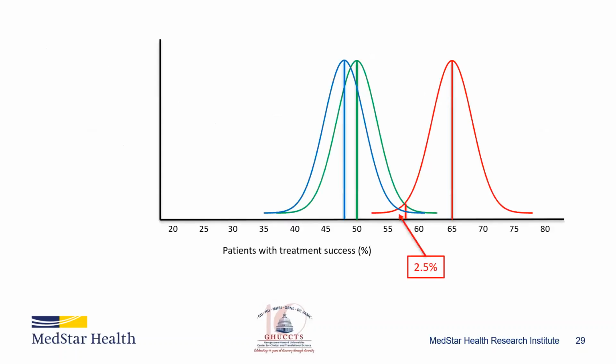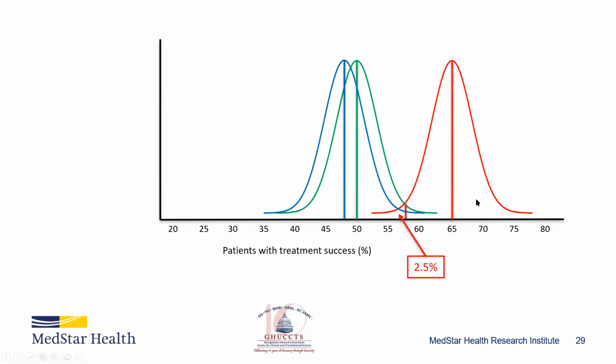Okay, so I did this little illustration here to show you what it would look like if they showed that the probability was 0.975 that one group would be superior by at least 15% to the other two groups. And so here are your three posterior distributions.